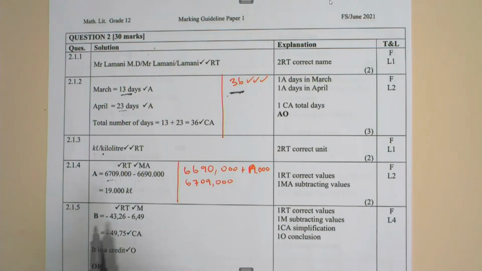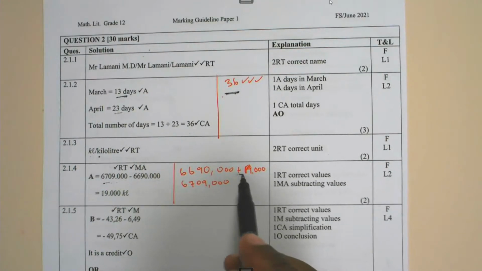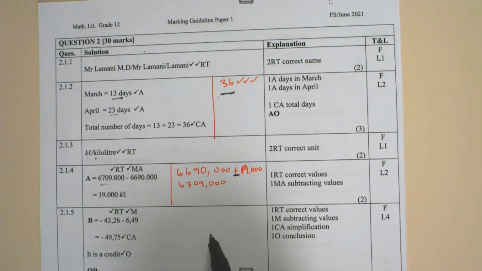Now remember, sometimes learners will do the reverse. They will add. Remember, we want to check whether, with your calculation, the value of A is 19 kiloliters, learners will add 19 to 6690.